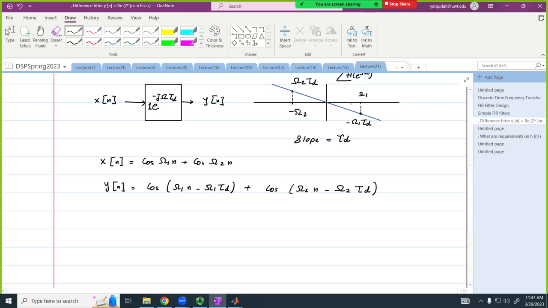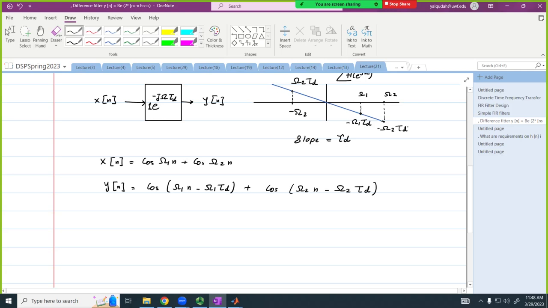Again, if I have a frequency omega 2, this is going to have a phase that is negative omega 2 multiplied by tau delay.